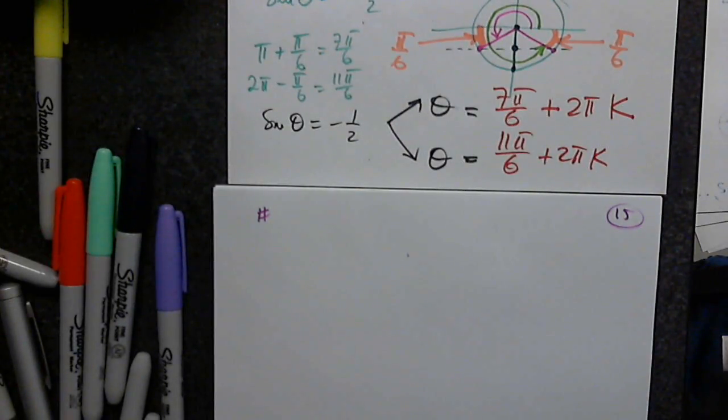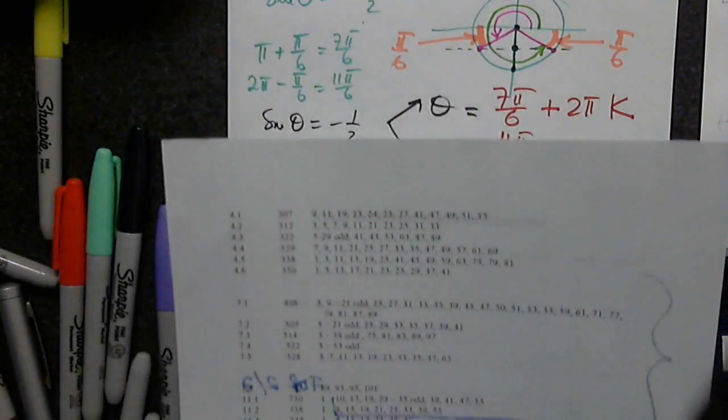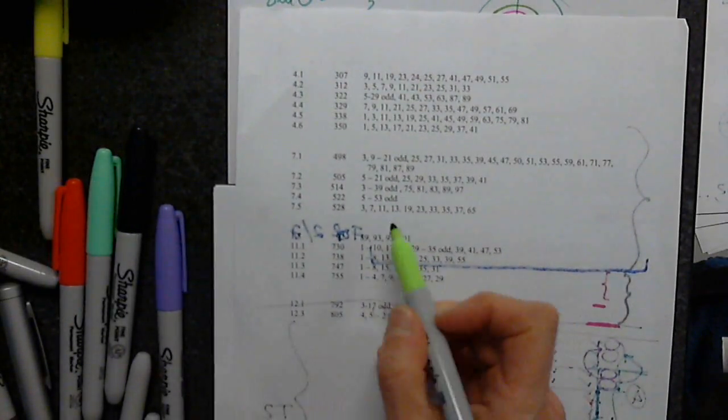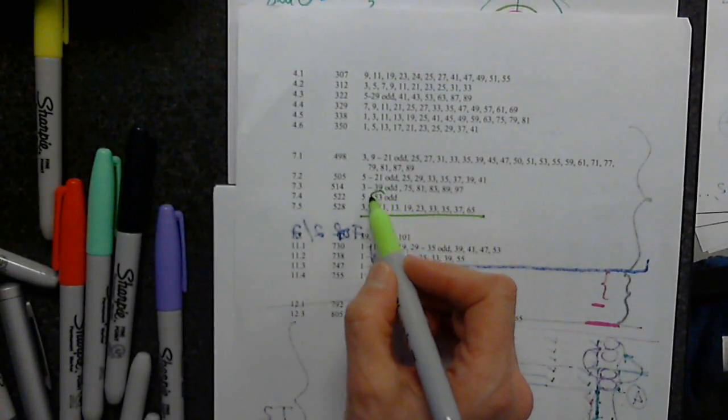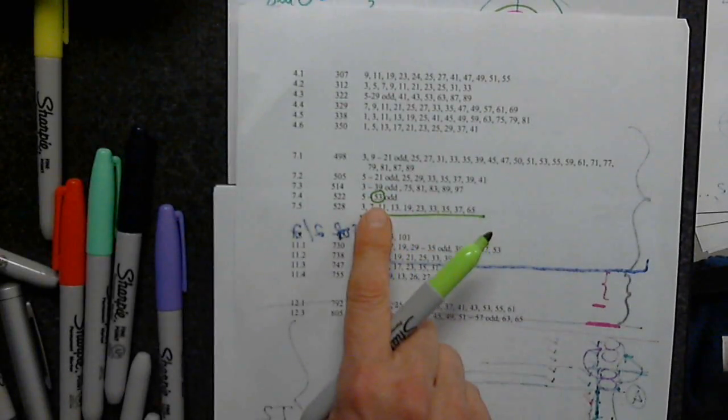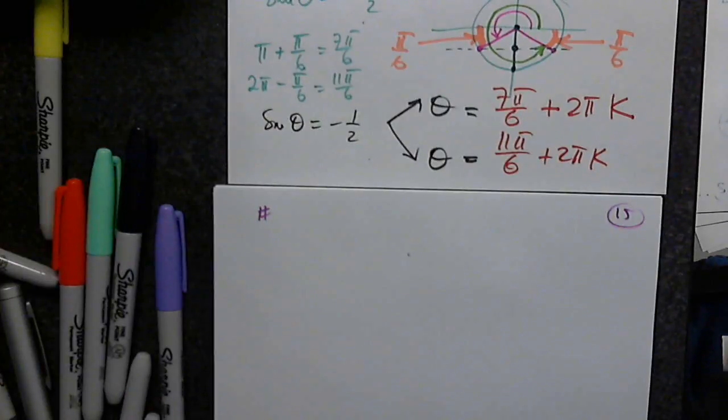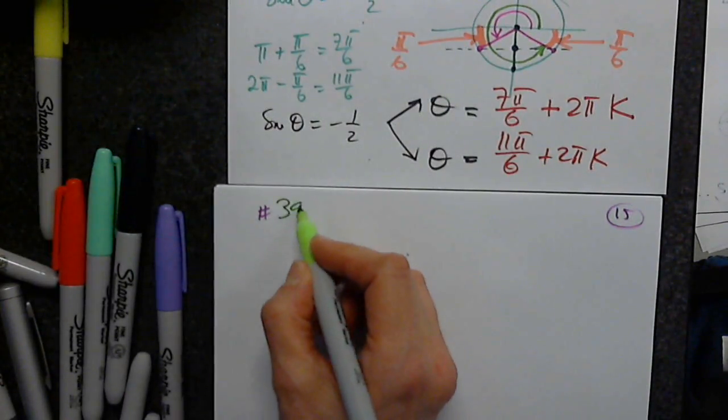So the department specifically decided to do this. And for example, they wanted us to stop at 53 in 7.4. It's up to you. Choose anything you want from 39 through 56.